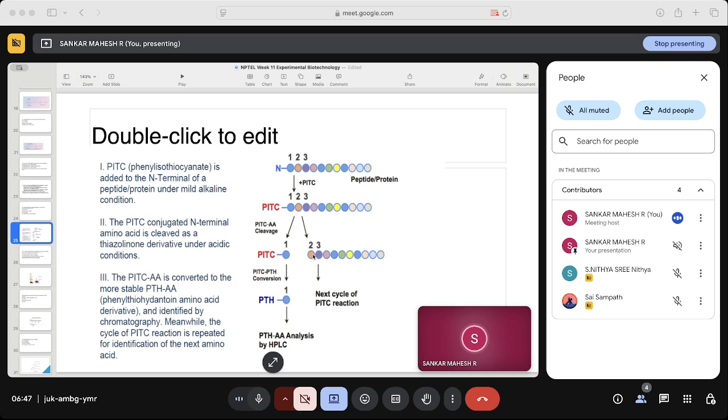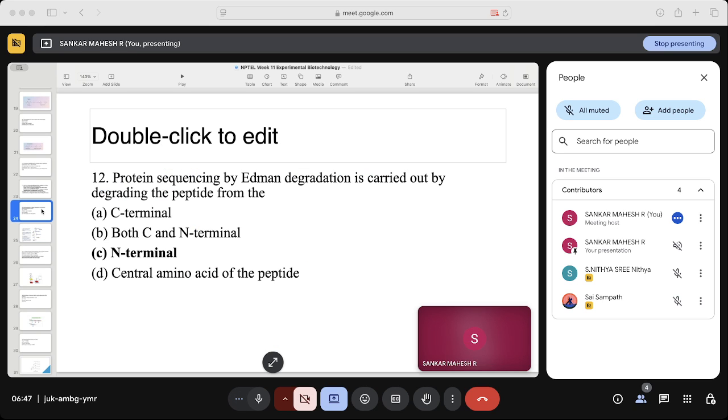Now, when you run this on an HPLC, based on standards, you will be able to tell which amino acid is there in the first position. Then you repeat it for the other parts of the protein, one by one. So, here the degradation is carried out by degrading the peptide from the N terminal. Okay.